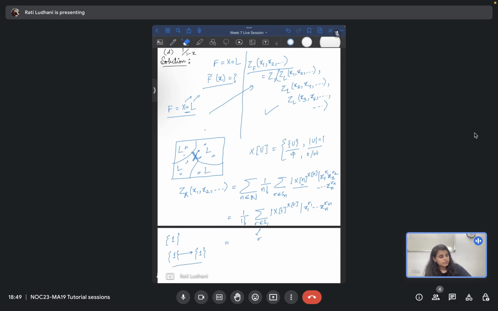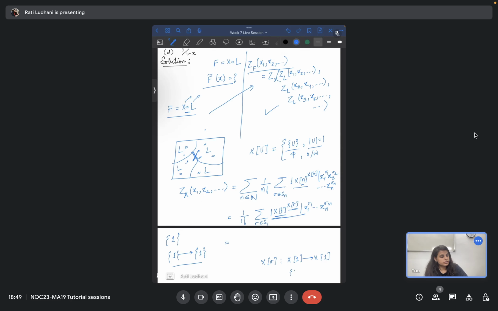Now with this sigma, how many fixed points do you have? x1 is this singleton set, so there is just one element. X sigma is the map from this to this, right?